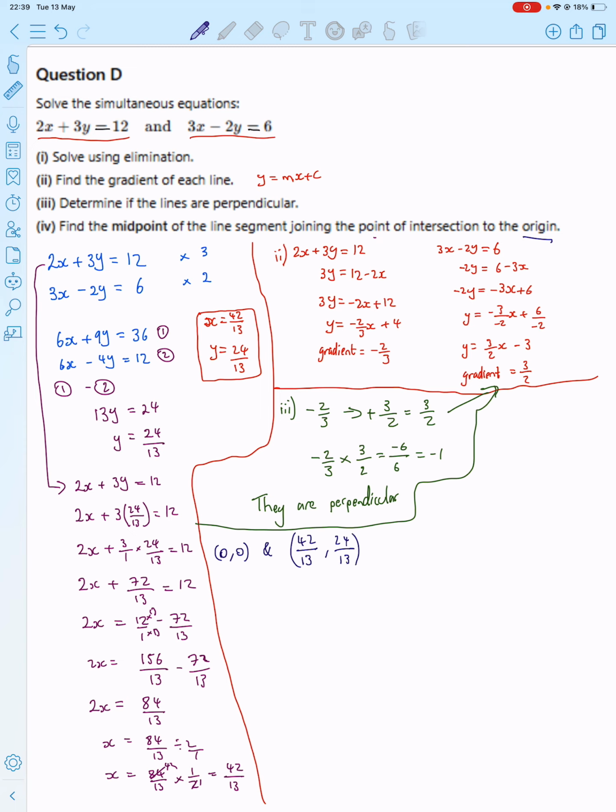Now, again, let's be ambitious. Let's go for solving these things with the use of a calculator. We are going to do the same thing. I'm just going to draw a little diagram.